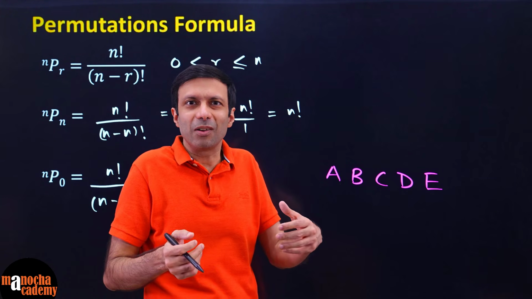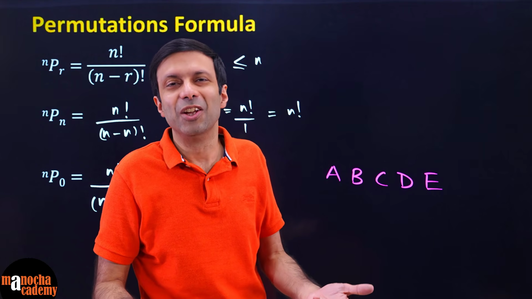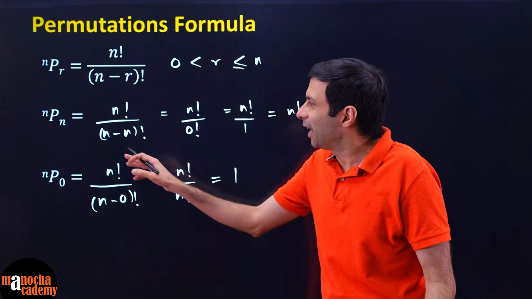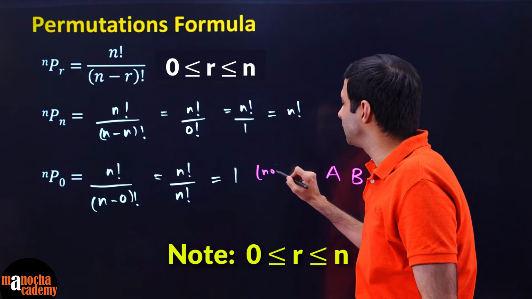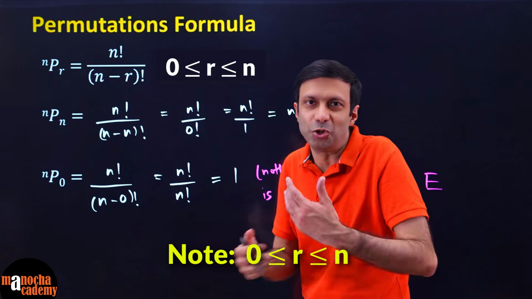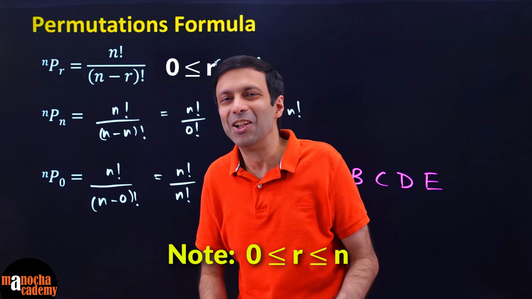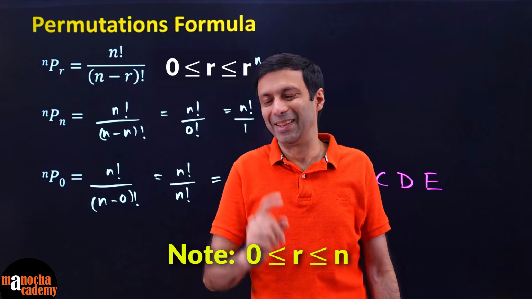So we can say that is sort of like a permutation where there is nothing, right? It's empty. So that is why you can consider that nP0 is equal to 1. That means basically nothing is taken or nothing is selected. And so that's only one possibility, because you cannot have permutations with nothing, right? So this is the meaning of nP0, and its value is equal to 1.